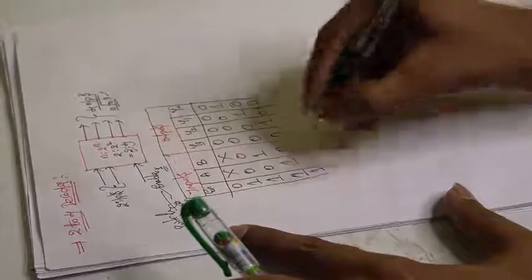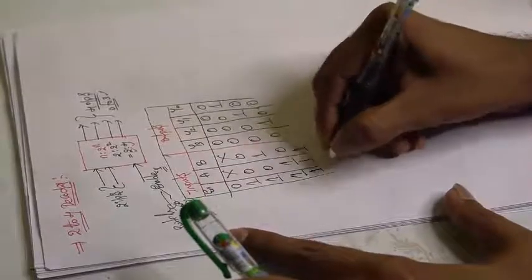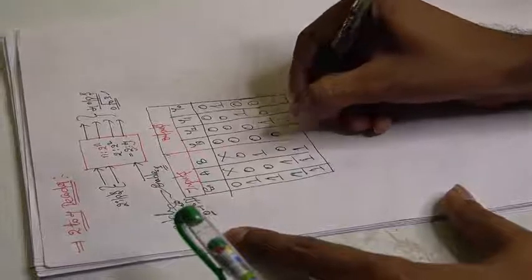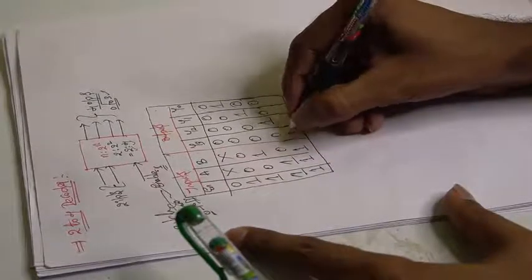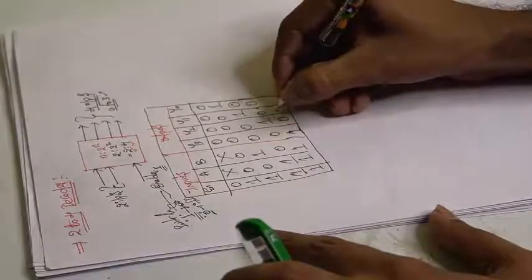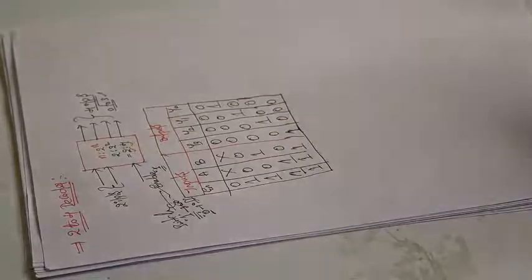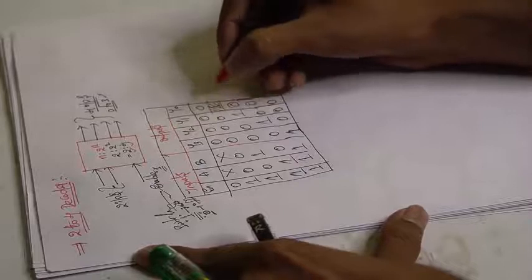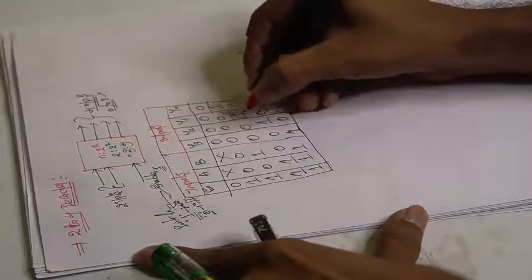And finally, enable input as 1, and the final case 1, 1. Here Y3 will become 1, and all the remaining cases will be 0. This will be the highlighted portion.